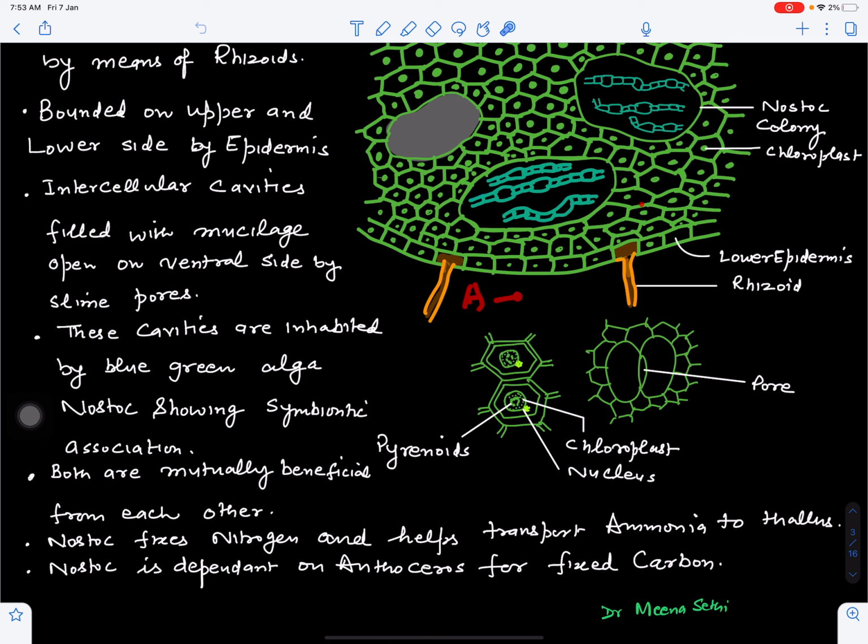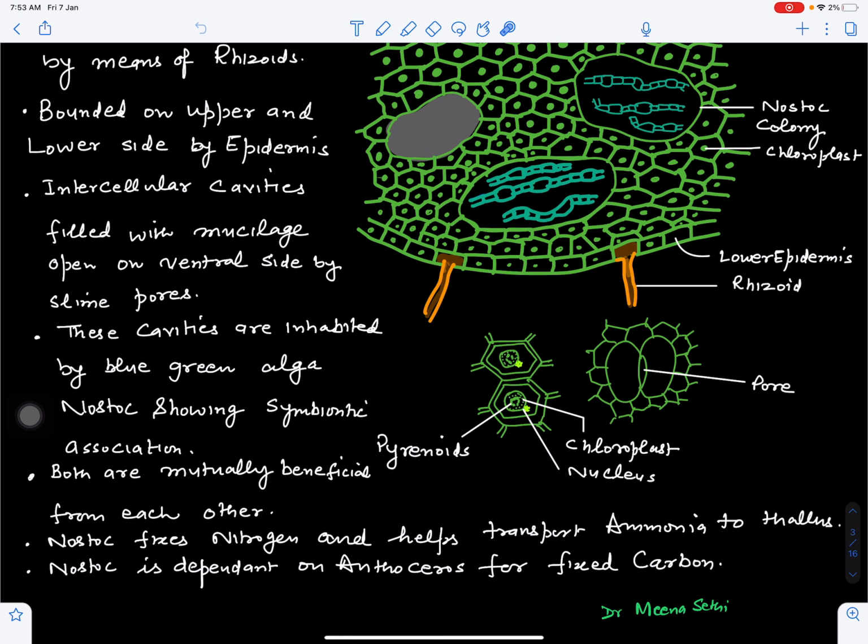When A and B are living with each other and both are benefited from each other, this is called a symbiotic relationship. So this is a mutually symbiotic relationship. Nostoc fixes nitrogen and helps in transportation of ammonia to the thallus. Nostoc is dependent on Anthoceros for fixed carbon. They show a mutually beneficial relationship, and the cavities are inhabited by blue-green alga. All these notes are also given on the side. You can note down these notes.